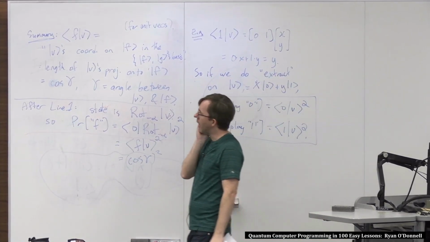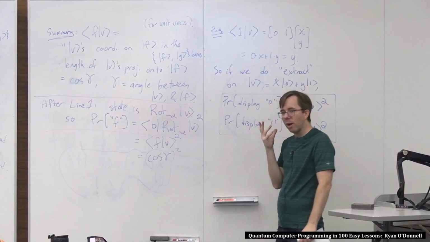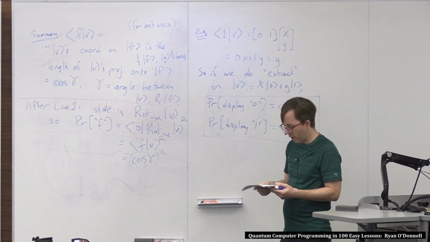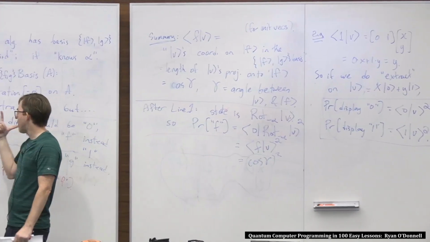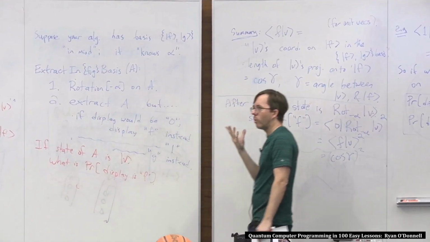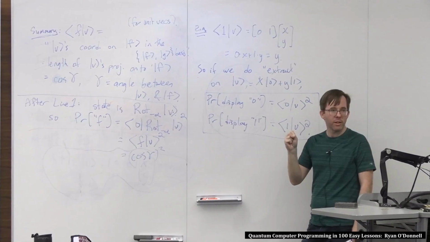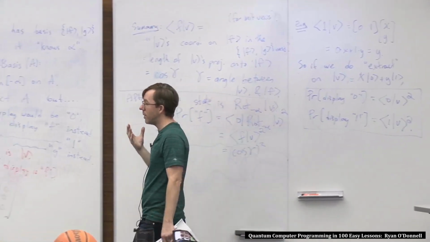Okay, now is a good time to talk about this extract operation, or this measurement operation. All along, we've had this command extract or extract all, which for one qubit displays either 0 or 1 on a screen, and then that qubit is destroyed. For some physical implementations of qubits, this makes sense.